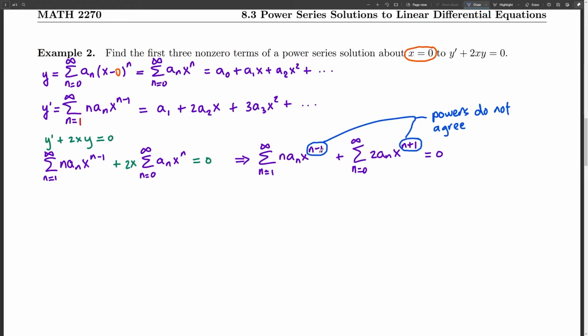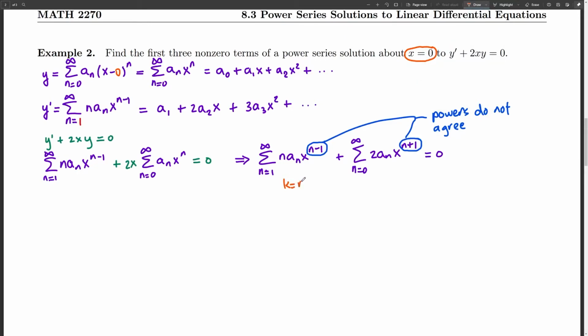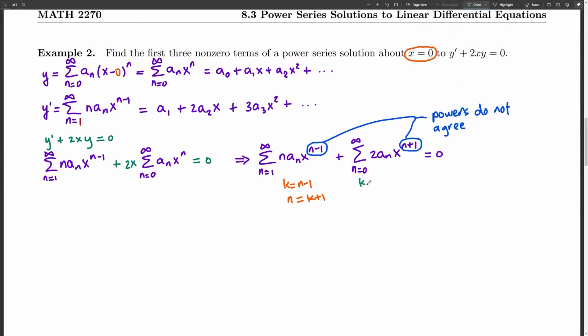So we're going to write both of these in terms of k. So for the first one, we want to use k equals n minus 1. And so that's equivalent with n equals k plus 1. And for the second one, we want to use k equals n plus 1. And so n equals k minus 1 for that.